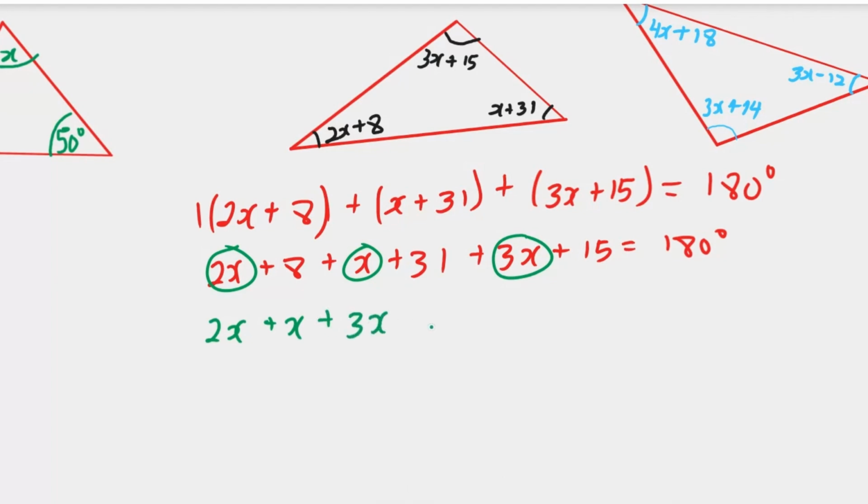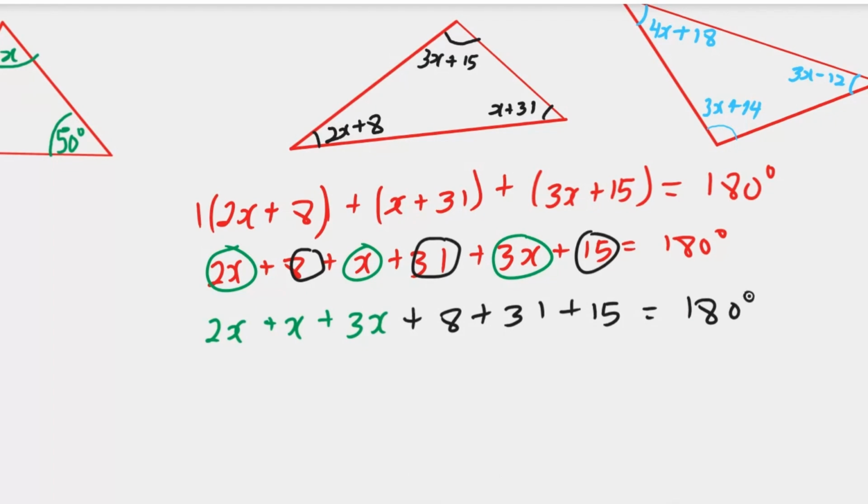And let's take the other ones. So we have 8 and that of 31, 15, they are all like terms. So that's going to be plus 8 plus 31 plus 15, so equal to 180 degrees. So let's see, we've written all the terms. We have written everything. So now let's add it.